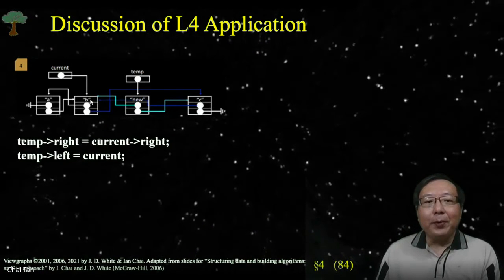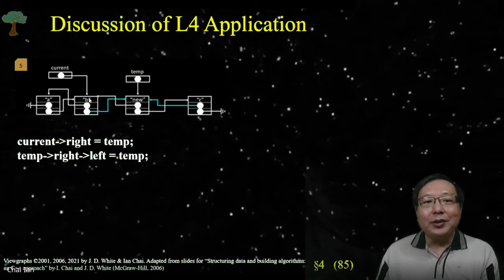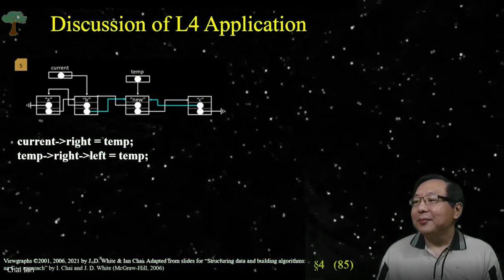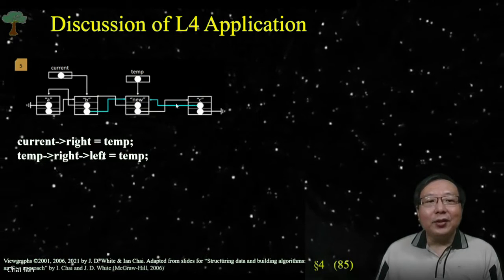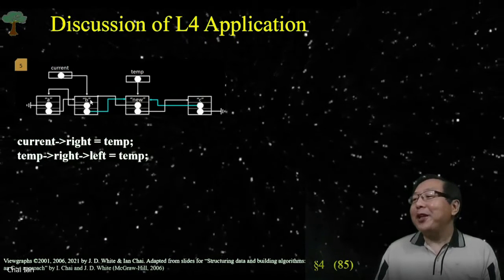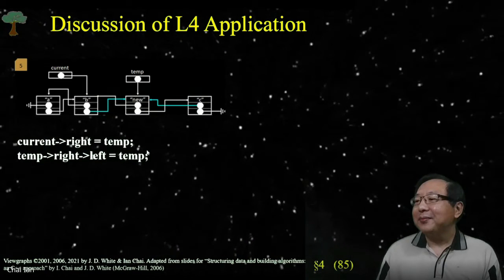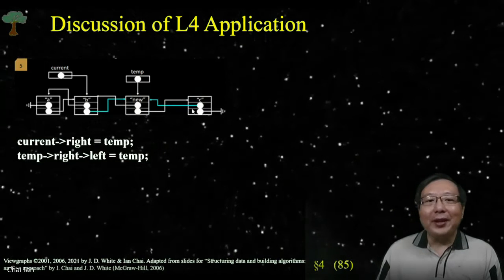So if it's already pointing at B, if I didn't do this line, it would still be pointing at B, right? So it's not supposed to be pointing at B anymore. It's supposed to be pointing at new.